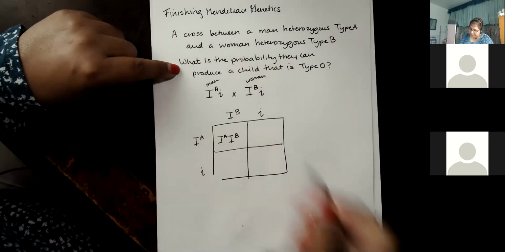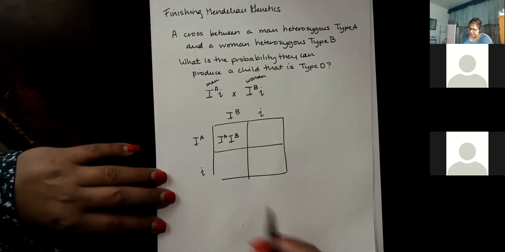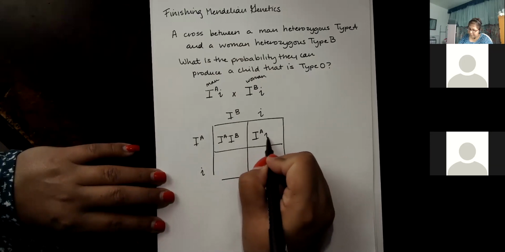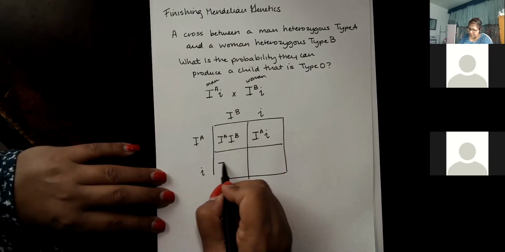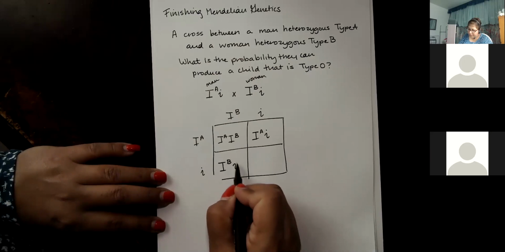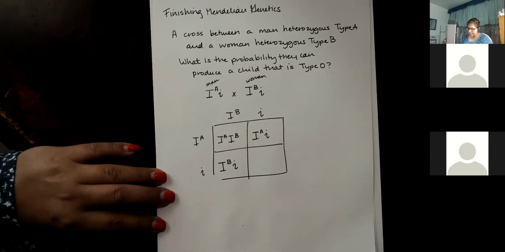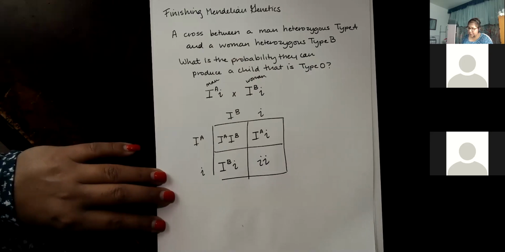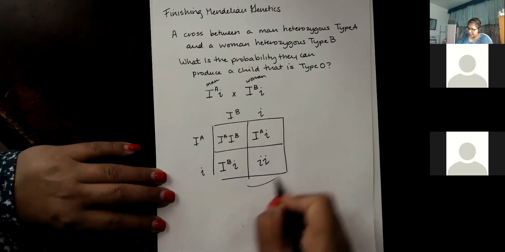That's the first square. And then I'll go to the one to the right. It'll be a capital I with the A with the lowercase i. Very good. And then under that, capital I with the B, lowercase i. Very good. And then the last one would be two lowercase i. Right. So which one is our type O child? The last one. This one.